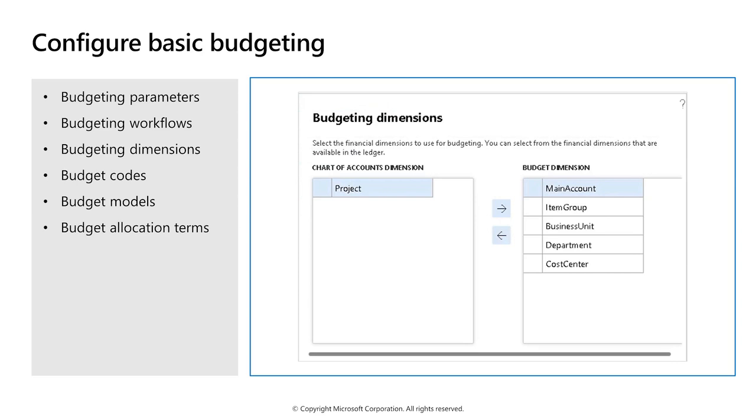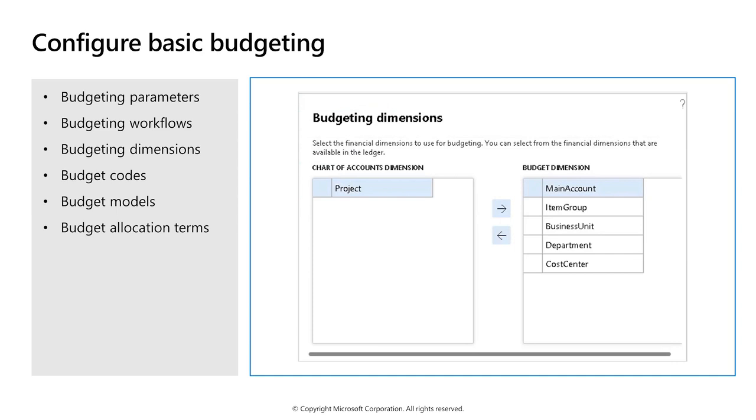For example, the account structure for the chart of accounts might have department, cost center, and main account financial dimensions. If we select department and cost center financial dimensions for budgeting, the department and cost center can hold budget amount without regard to which main account is used.